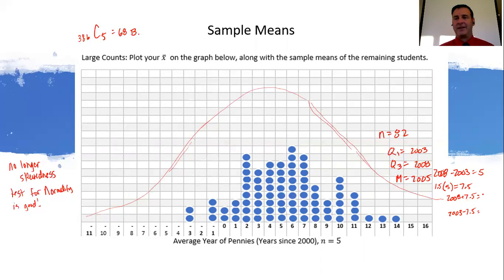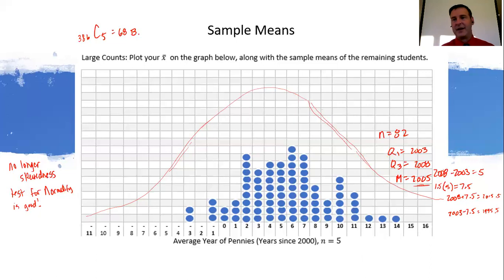This becomes 2015 and a half. This becomes 1995 and a half. And I don't have any values lower than 1995 and a half or 2015 and a half. So there's no outliers.